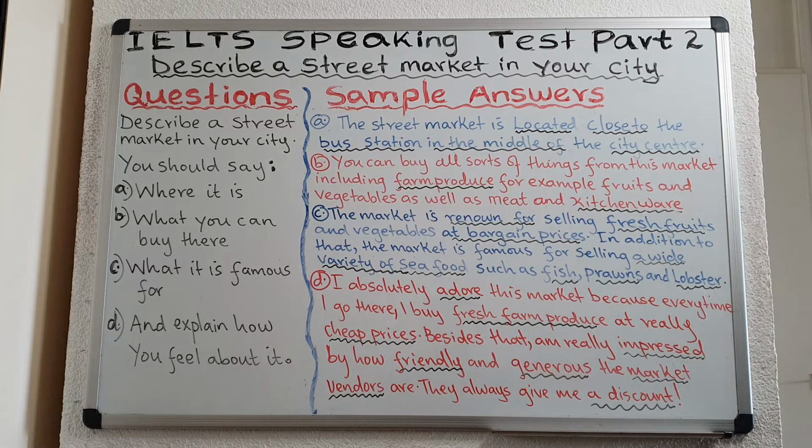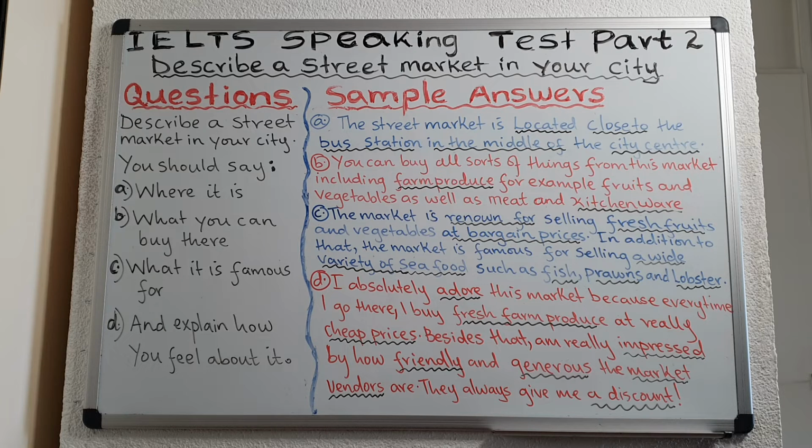Now, let's move on to question D: explain how you feel about it. In that question, the examiner wants you to talk about your feelings. So you need to use words to describe your feelings about the market. How do you feel about it?